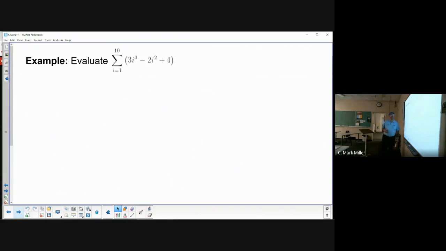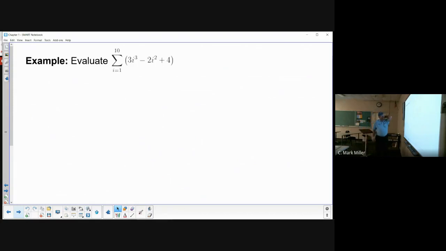This next problem is the previous couple of slides applied.